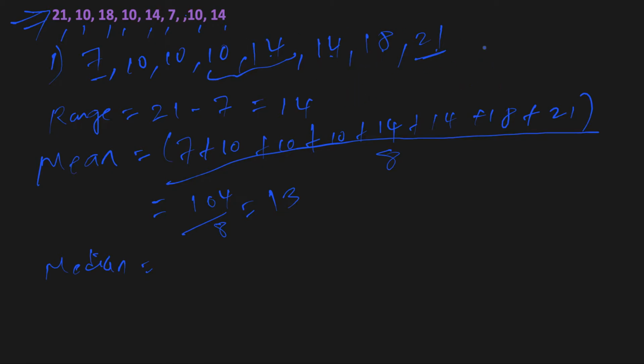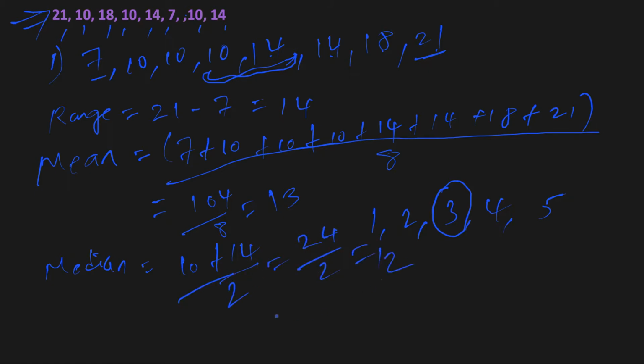For example, if my collection is 1, 2, 3, 4, 5, this is an odd count, the middle number is 3, and this becomes the median. But if the collection has an even count, then the median is the average of the middle two. In this case, the middle two numbers are 10 and 14, and the average of that is 24 by 2, which is 12. So our median is 12.